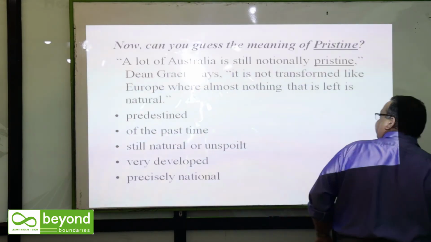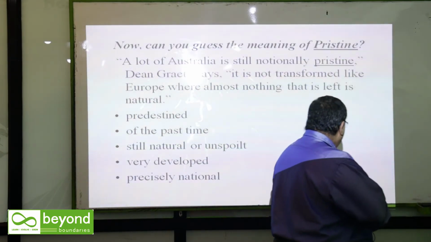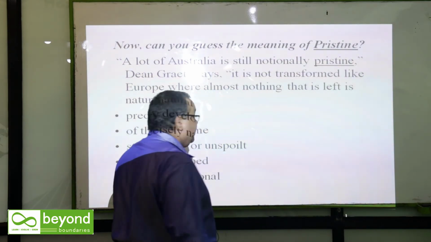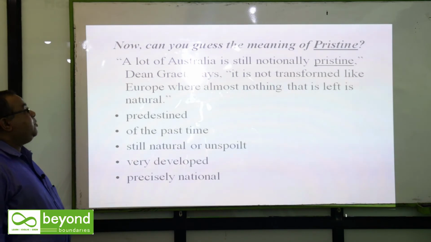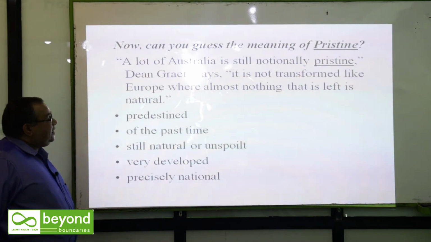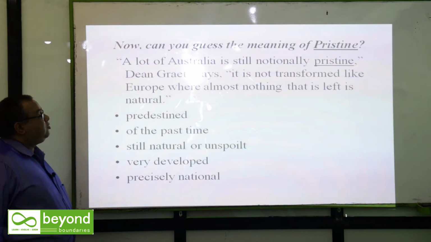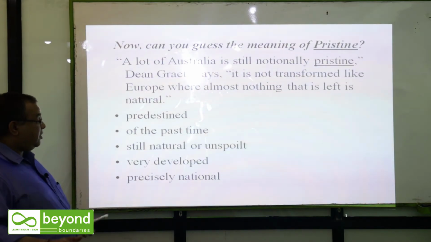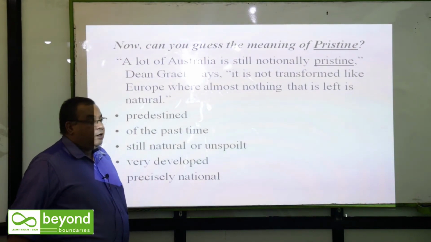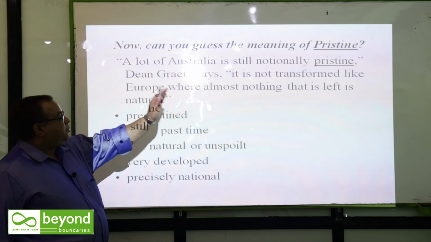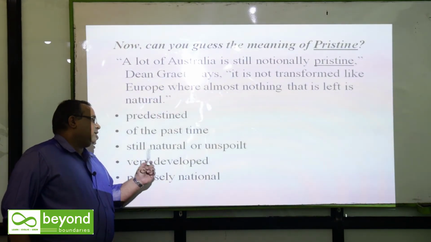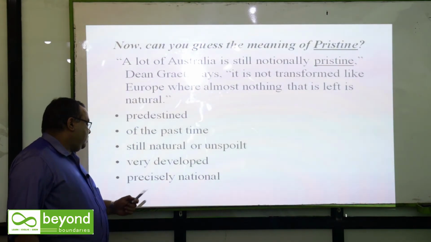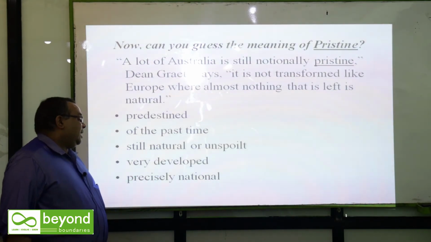Let's do a few more. Short passage, and here I've given you one extra option. A lot of Australia is still notionally pristine. Dean Graetz says it is not transformed like Europe, where almost nothing that is left is natural. So we have to find out the meaning of pristine. Predestined, of the past, still natural or unspoiled, very developed, precisely national.